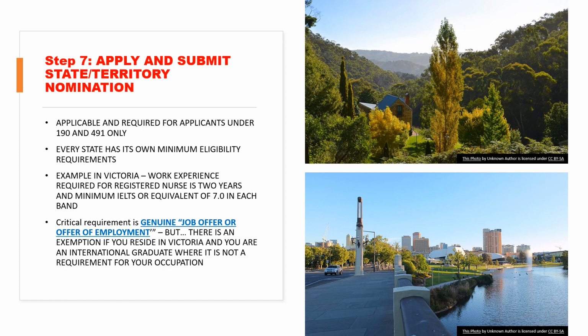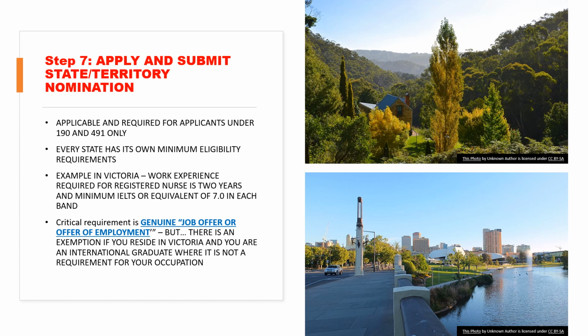Step 7. Apply and submit state or territory nomination. Once you submit your EOI, you will be given a reference number which you can use to apply for state nomination. It is crucial to check the terms and conditions of every state or territory you wish to apply to.